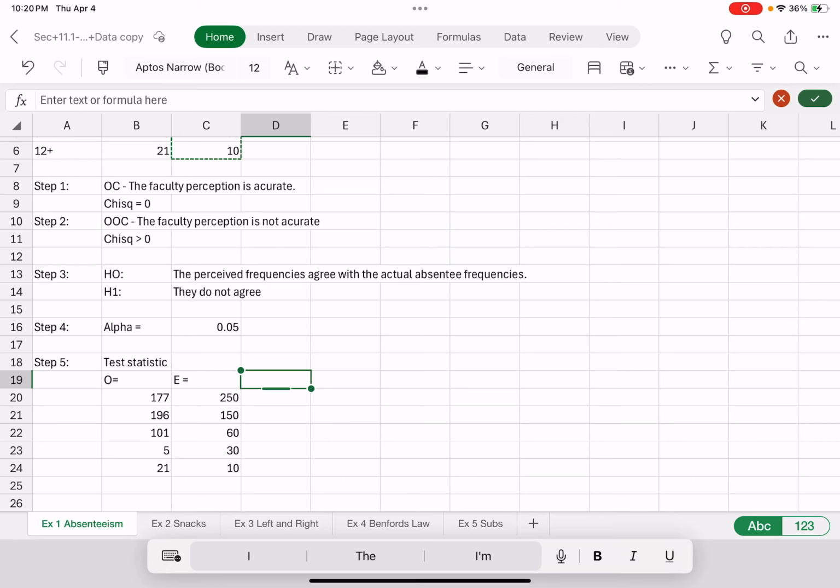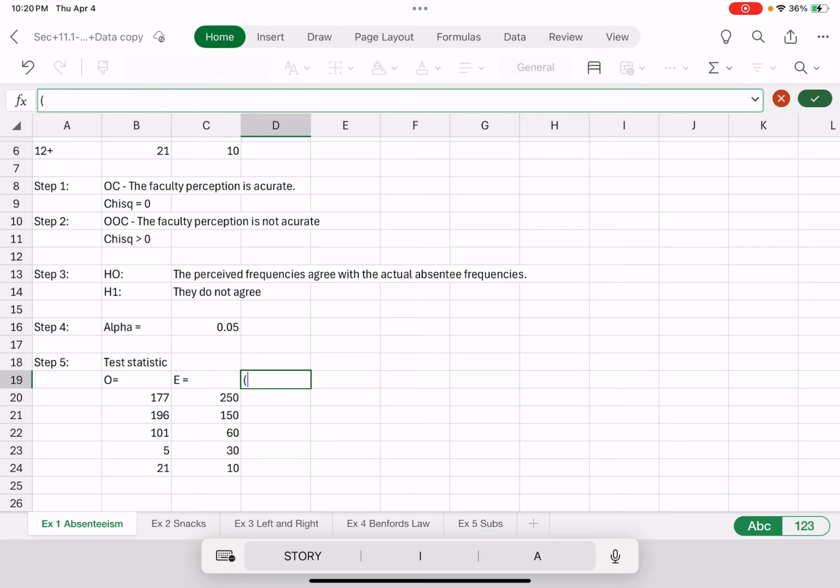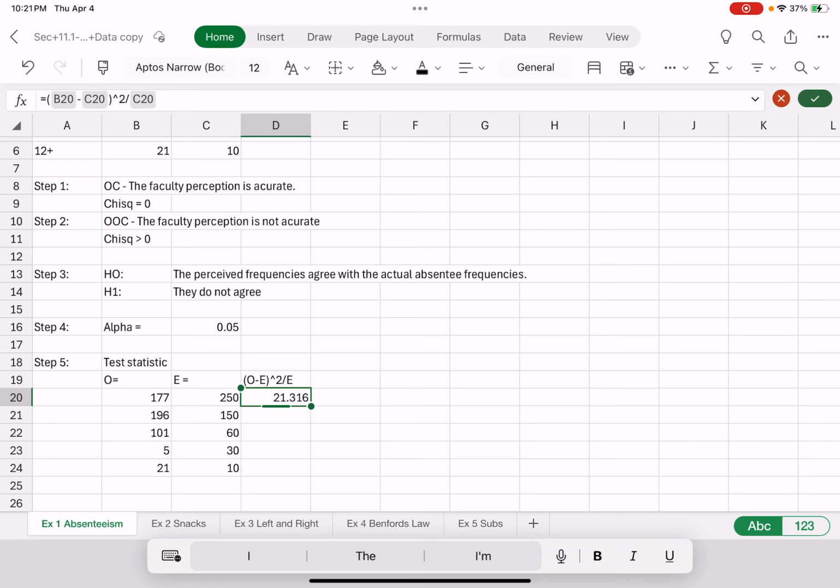Now this right here is going to be my E minus O, or O minus E, not that it matters because I'm squaring it, squared divided by E. And that's what I get here. Equals parenthesis O minus E quantity squared divided by E. Enter. All right, Command C, I copied that.